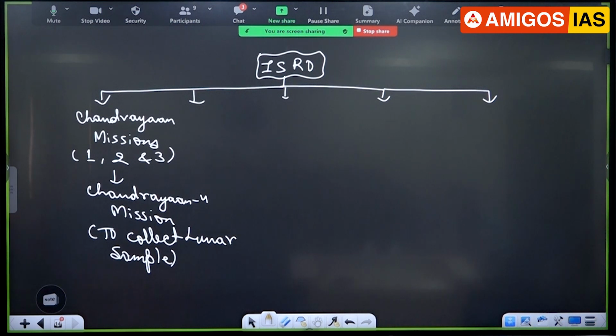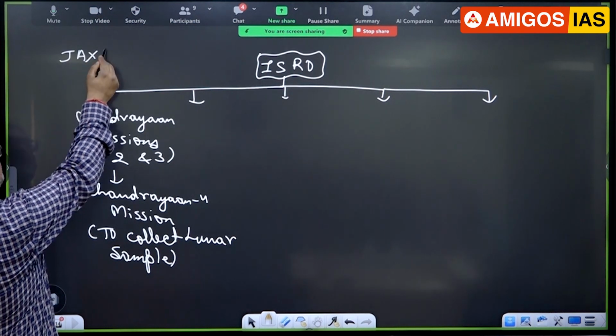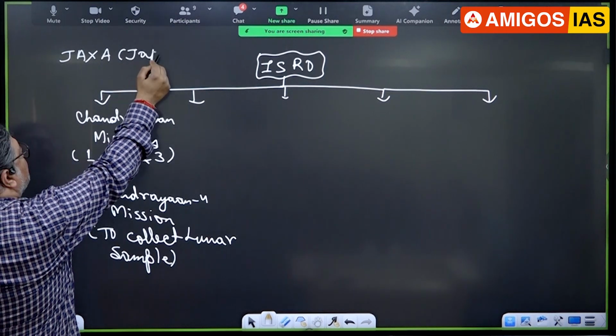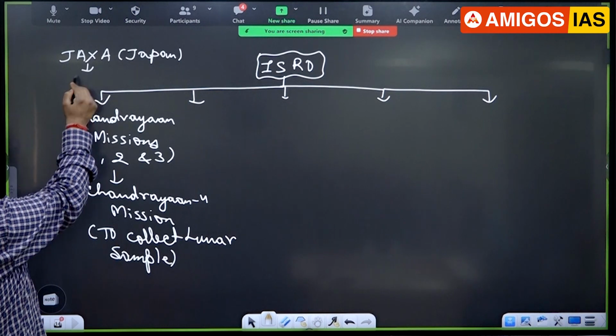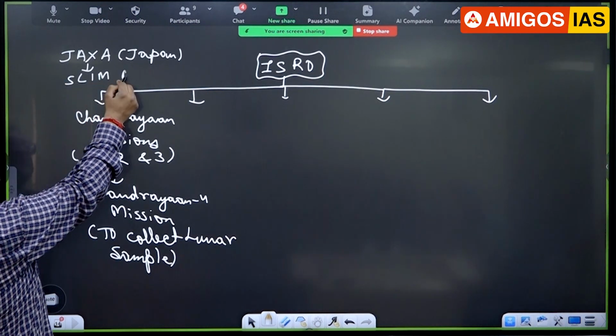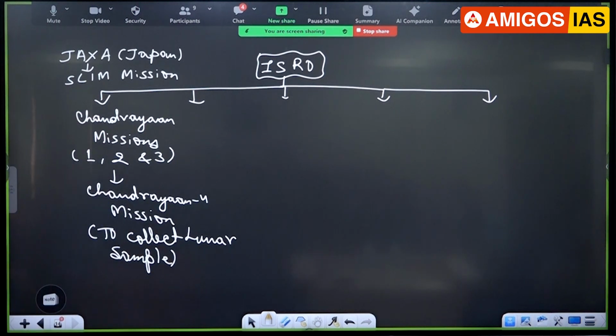And I have also told in the classroom that we are collaborating with Japan, JAXA. Now tell me, recently JAXA conducted one very important mission similar to Chandrayaan 3, SLIM. Smart Lander for Investigating Moon.